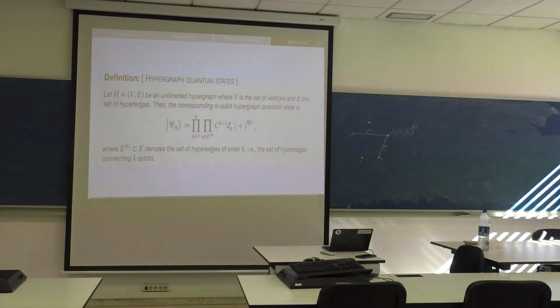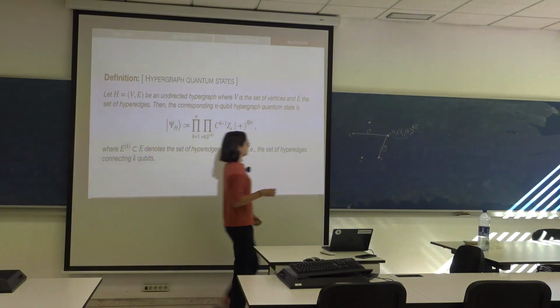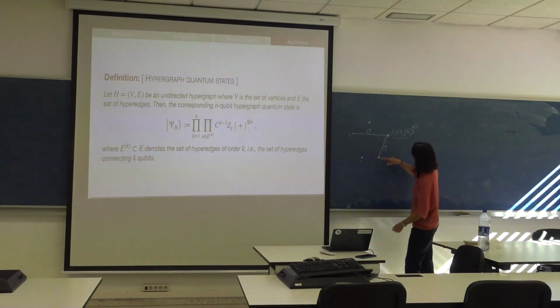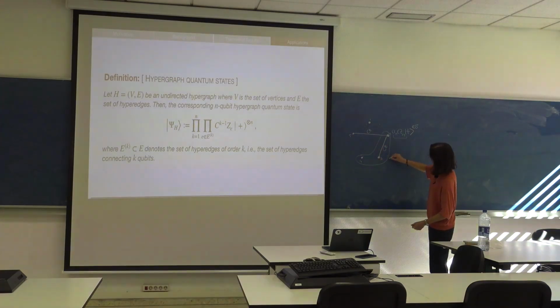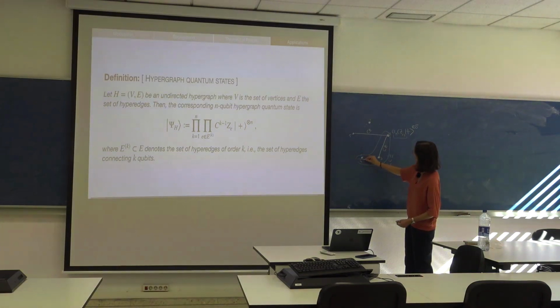Sure, that works. But maybe instead of just considering these kind of edges, we could consider a hyperedge that connects these 3 qubits, and this would correspond to applying a control-control-Z. Or maybe we want a hyperedge of size 4 that connects 4 qubits, and that would be a 4-qubit control Z gate.